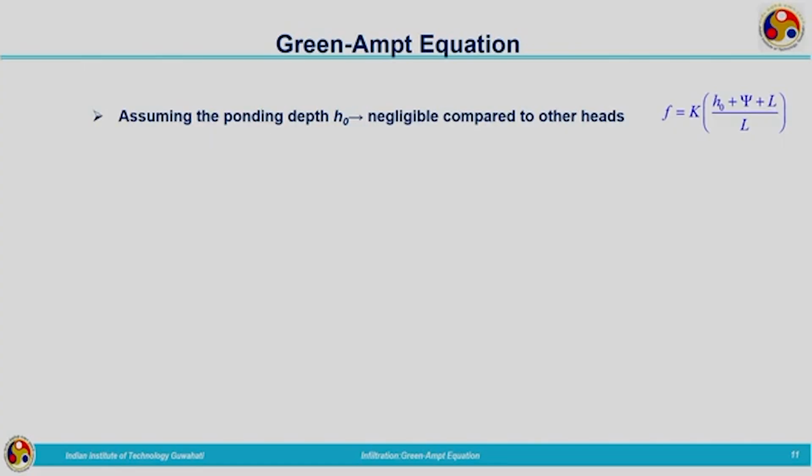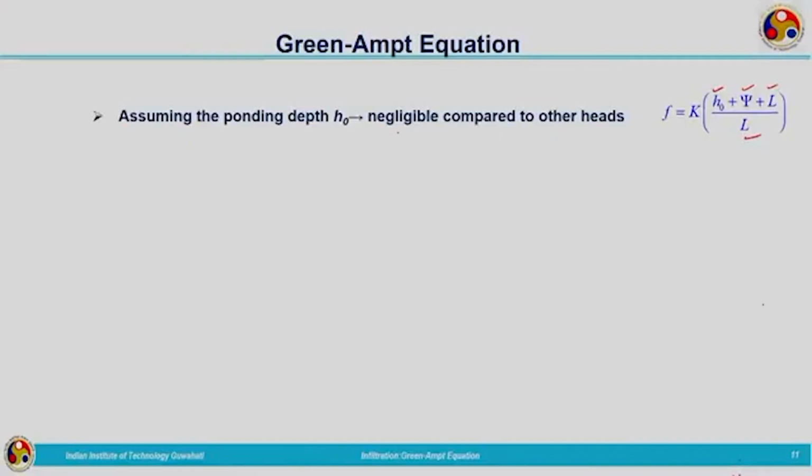Now, what are we going to do? We are going to assume in this equation we are having H naught, the ponded depth, and psi plus L divided by L. So, H naught, that is the ponded head, if we compare with the suction head and the datum head, it is very small. That is why we are going to neglect the value of H naught.